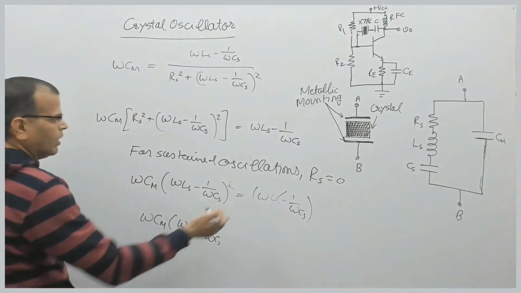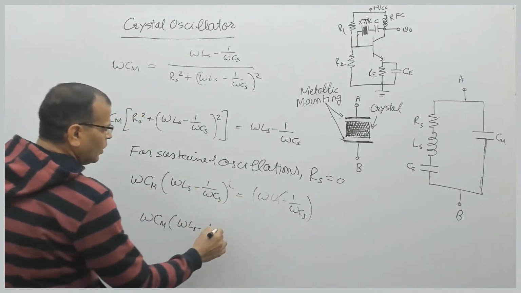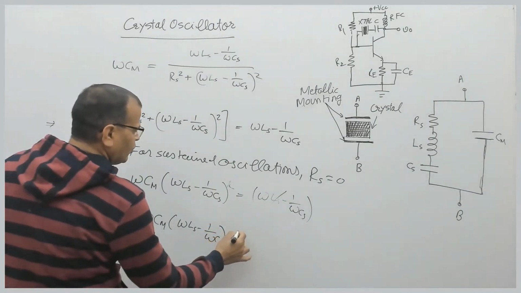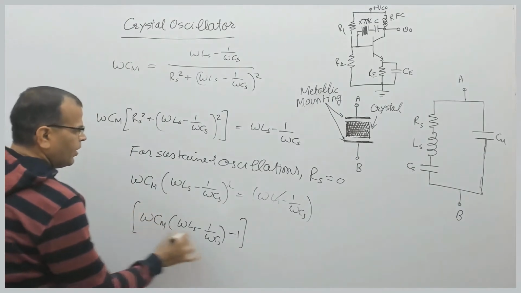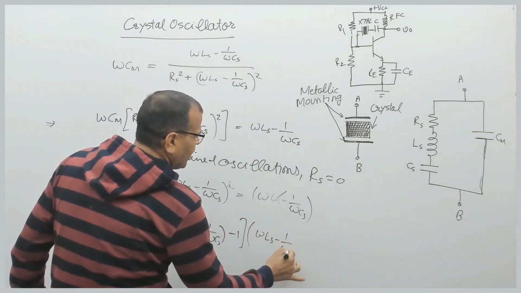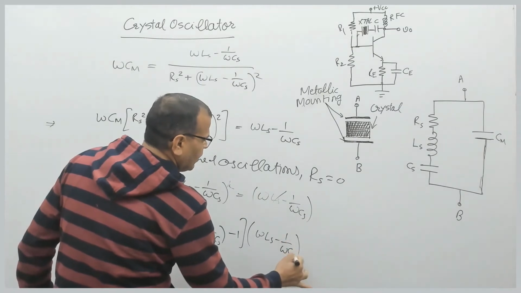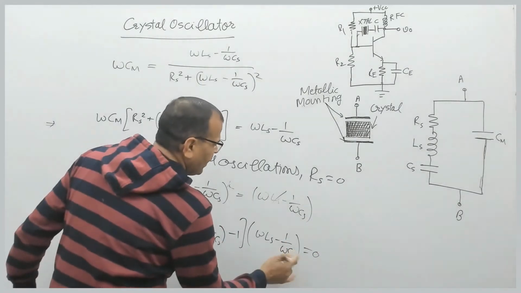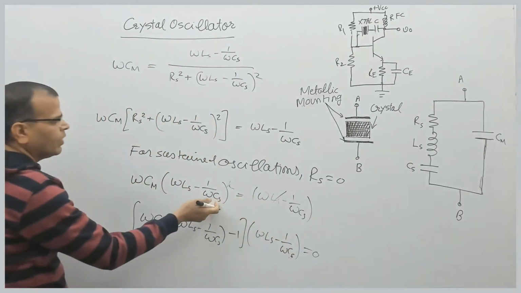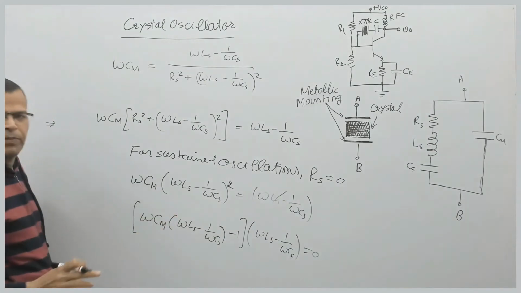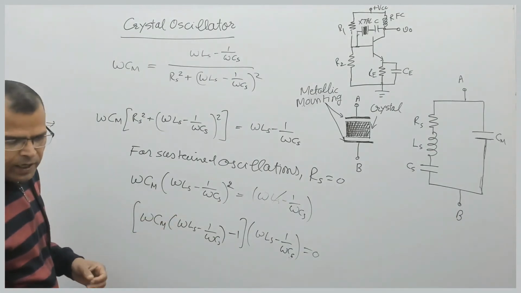You can take that on this side. So omega Cm into omega Ls minus 1 by omega Cs minus 1 equal to 0. That is what you have. Fine. So what have I done? I have taken this on the left hand side, and I have taken this as common from this term, right? So this is what you have.